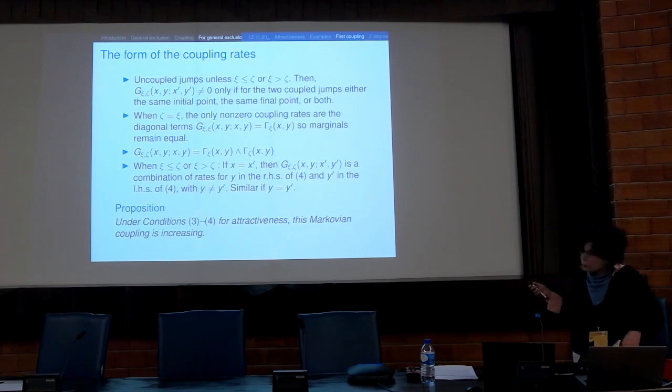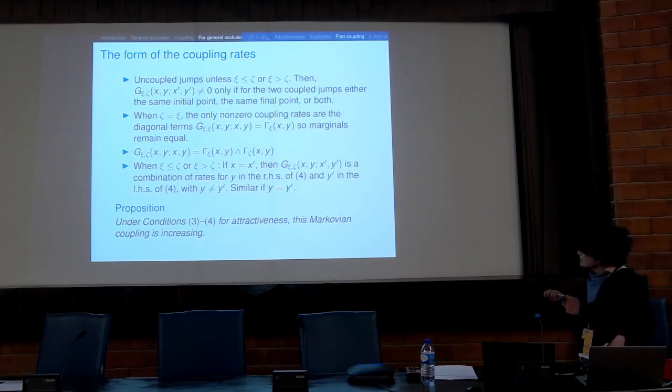So that's normal. But if we look at uncoupled jump rates, then we'll have that the g are non-negative only if the configurations are ordered. So the g will be non-zero only if we have either psi less than zeta or psi larger than zeta.